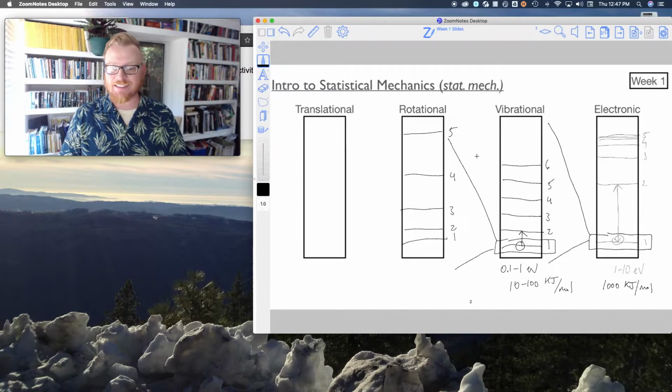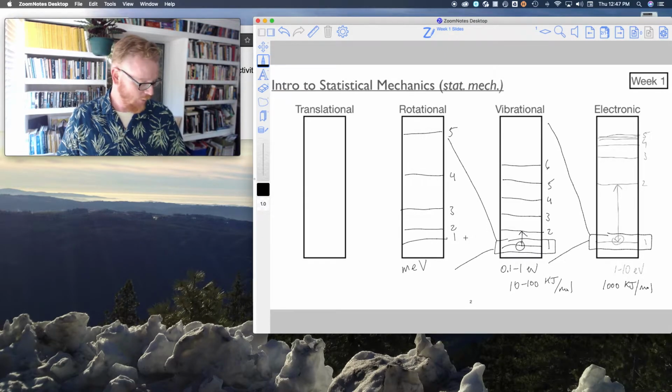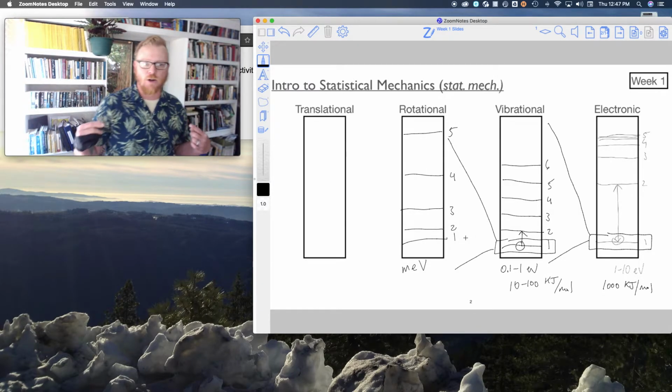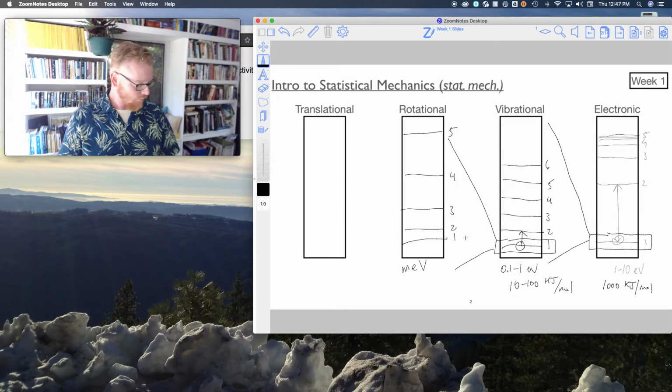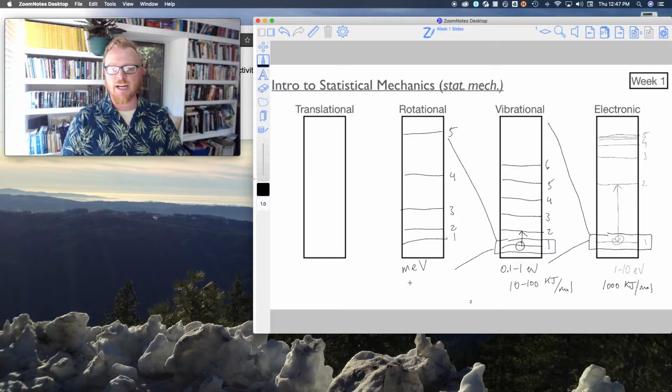And a typical spacing here is what I'm going to call milli-electron volt. So the milli-electron volt, that's 1/1000th of an electron volt. Okay, so that's about 10 to the minus 23 joules. So that's getting to be on equivalent with the value of Boltzmann's constant. Okay, and in terms of a collection of these molecules, that's about 10 joules, not kilojoules, but just 10 joules per mole.